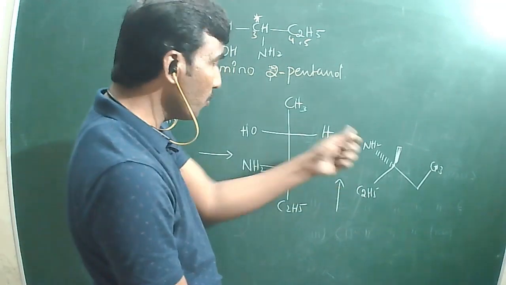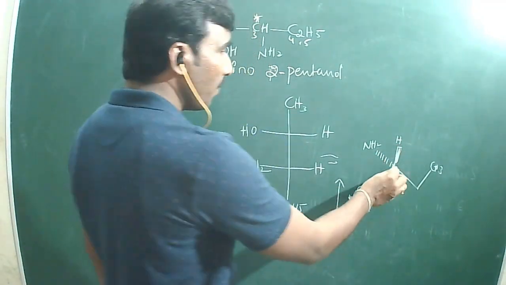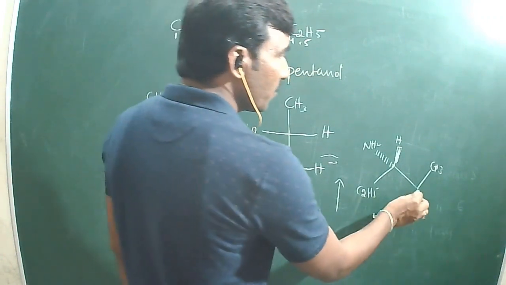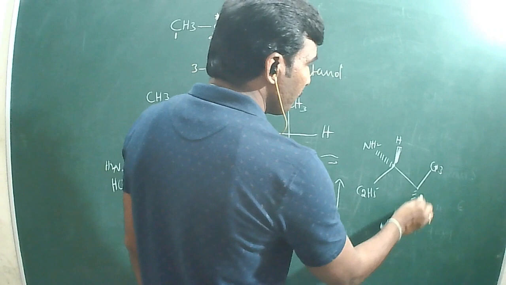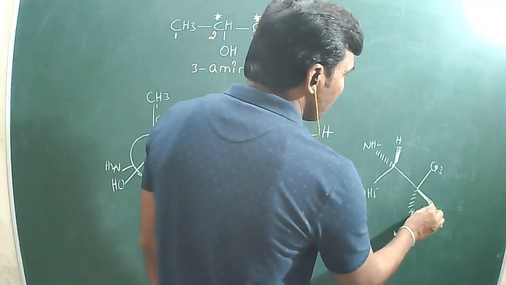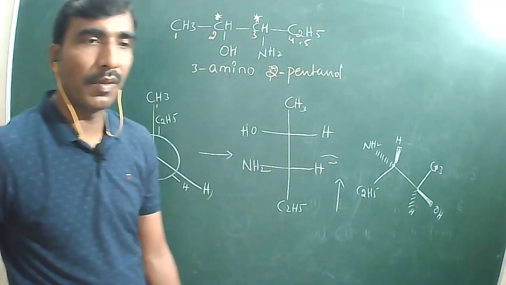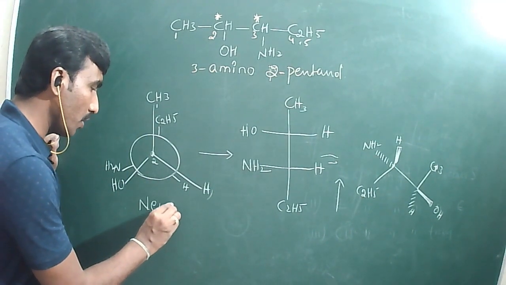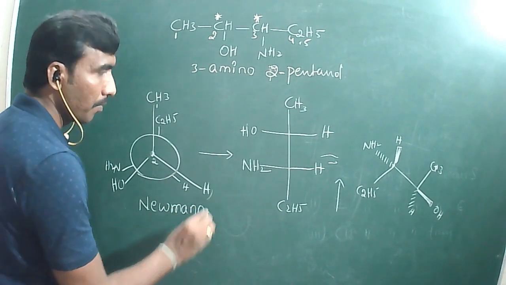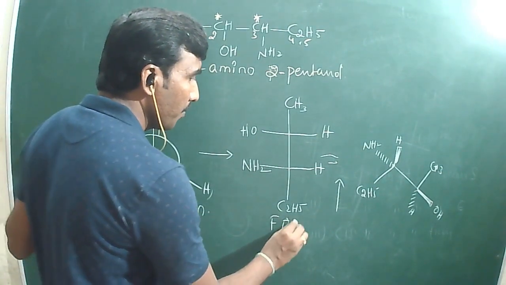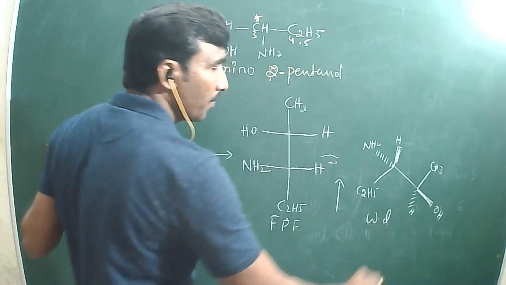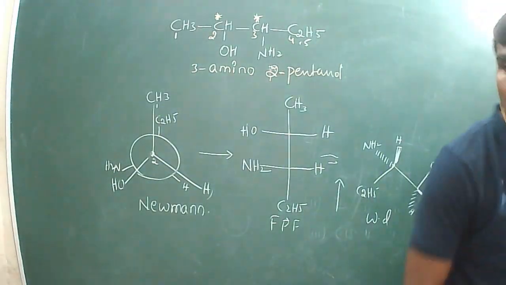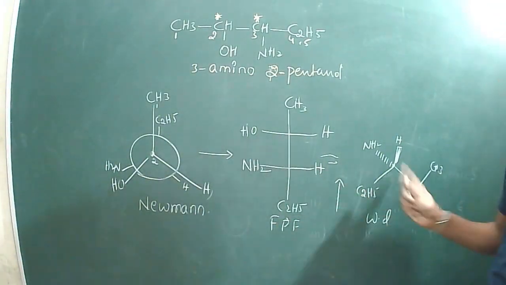After this, at the second, I get the chance to write on the right hand side. So I should write hydrogen and OH on the thick line. This is the Newman projection formula, this is the Fisher projection formula and this is the wedge dash formula. Understood all of you? Copy. Conversion of Newman to Fisher, Fisher to this one.